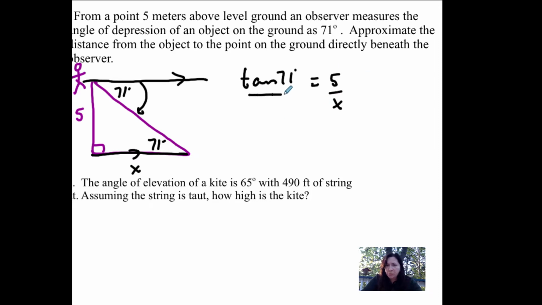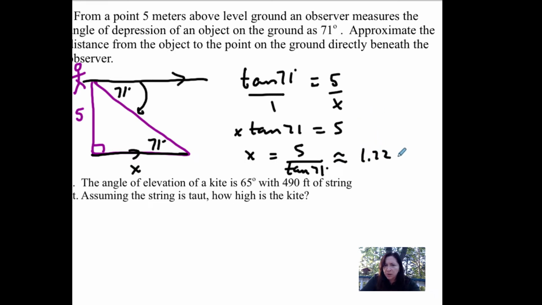I would solve for x, of course. I'd get x times tangent of 71 is equal to 5. So x equals 5 divided by tangent of 71 degrees. Now, if I don't have a calculator, that's my answer. If I do have a calculator, I'm going to divide 5 by tangent of 71, and I'm going to get approximately 1.72 meters.